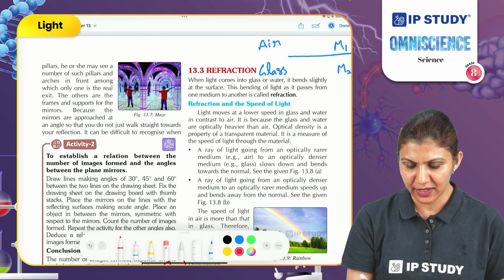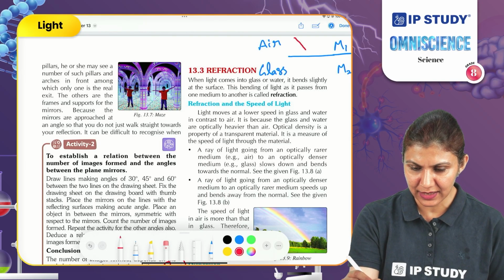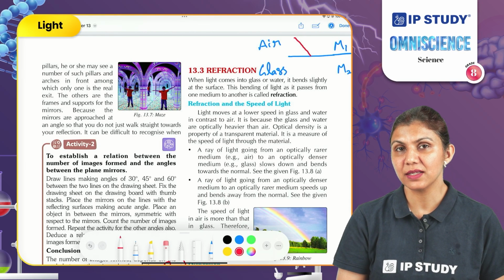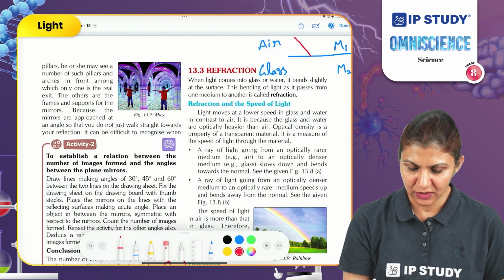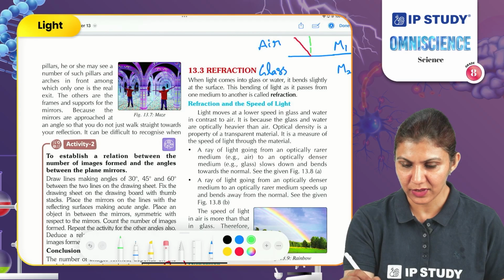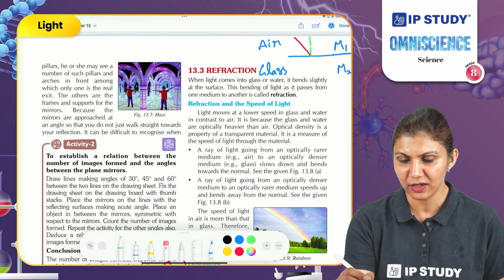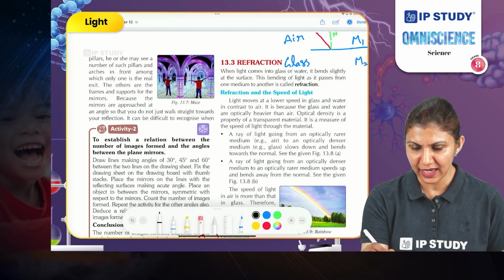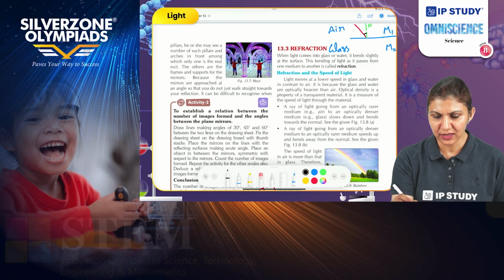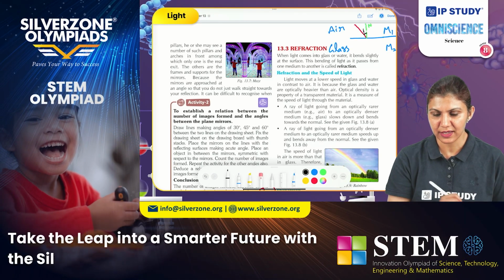So what is happening? A light ray is incident on this surface, on the surface of the glass. Here draw a perpendicular, which is an imaginary perpendicular called the normal, and the light ray is making an angle with this normal, which is the incident angle.